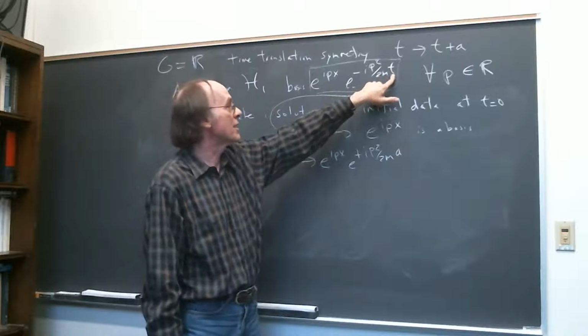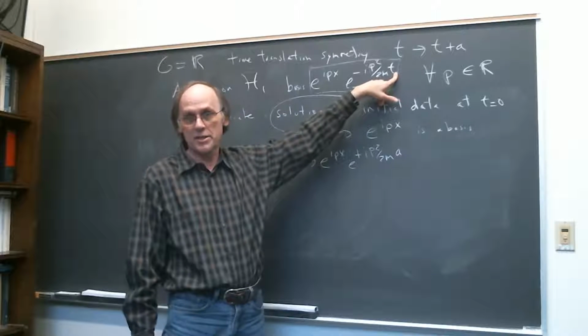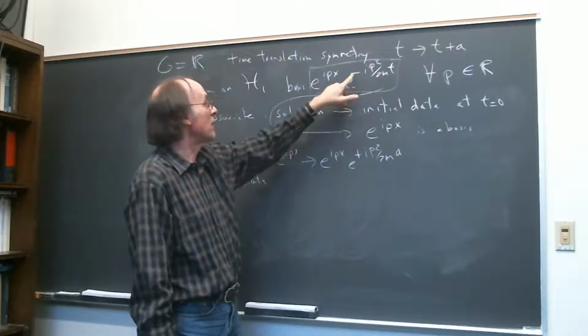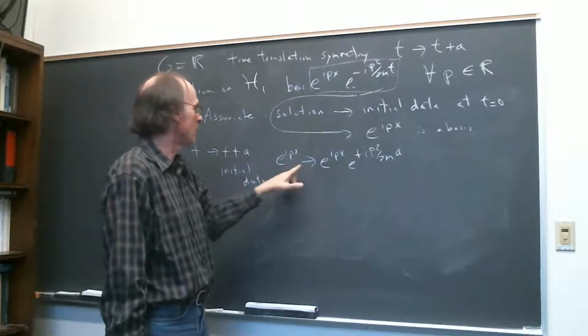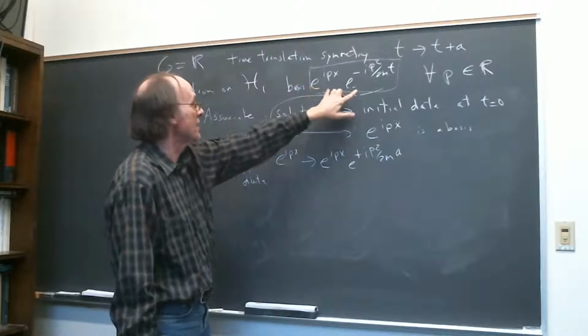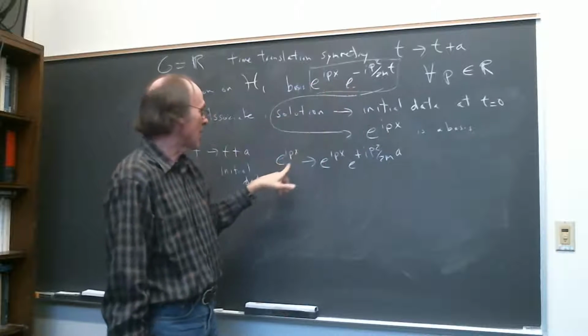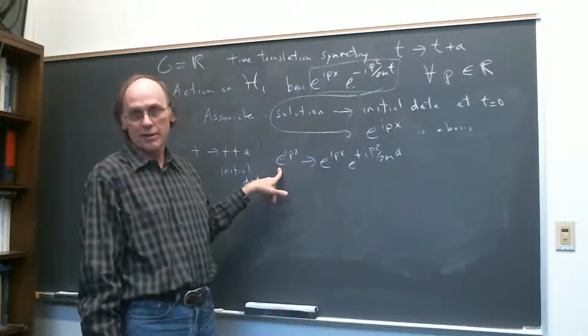If you try to translate t to t plus a, I just add plus a here, but then it's going to appear with a minus sign. But you have to realize that the way I'm describing solutions is not this way, but by their initial data.